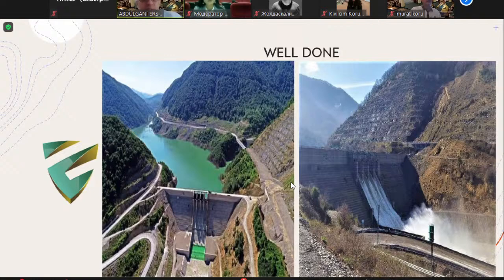Now, let me present you a 3D animation of the dam. You can see inside of the dam as well. There are a lot of tunnels with which we can control the leakages and displacement of the dam.